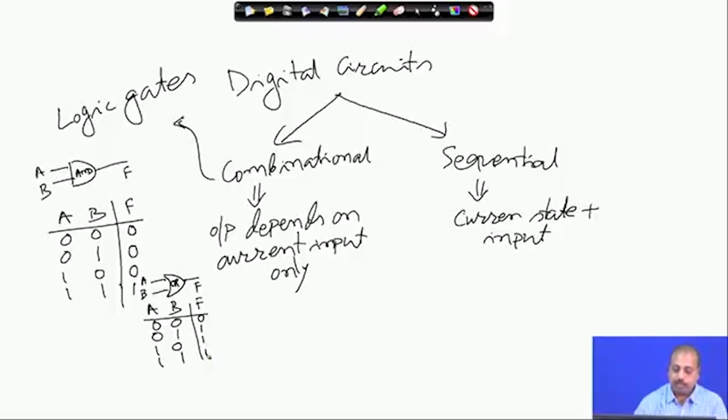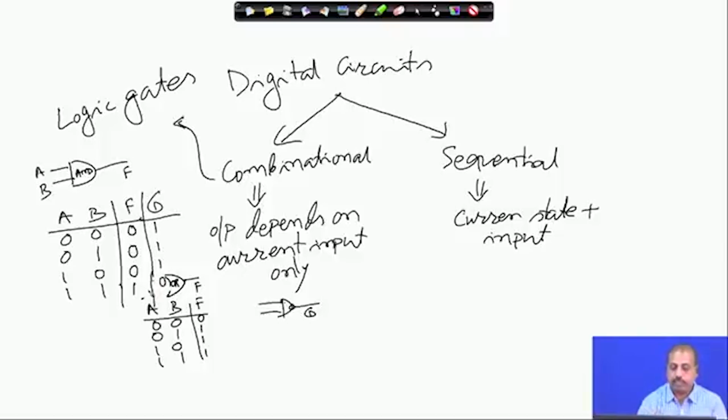There are other gates, like the NAND gate, which is the invert of AND. If I represent this output by G, then the truth table will be modified: all these will be 1, and whenever the AND gate was giving me a 1, here it will give me a 0.